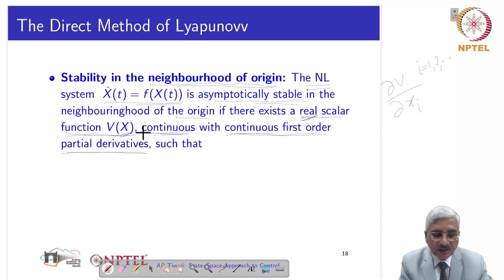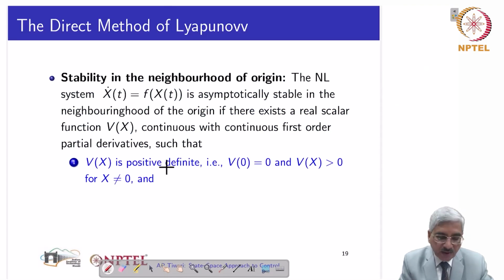If such a function exists for the nonlinear system, and if it satisfies this property of being positive definite, this is the definition, that at the origin it has to be 0 and at all other points than the origin it should be non-zero, it should be positive.